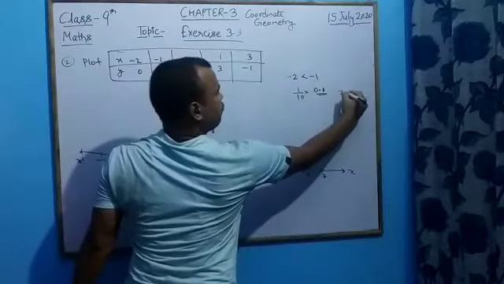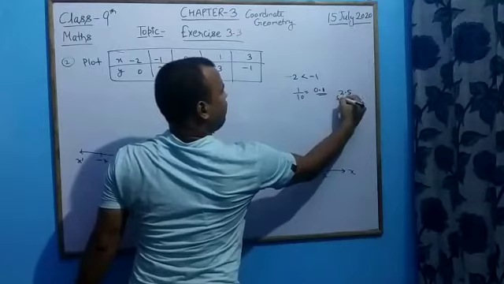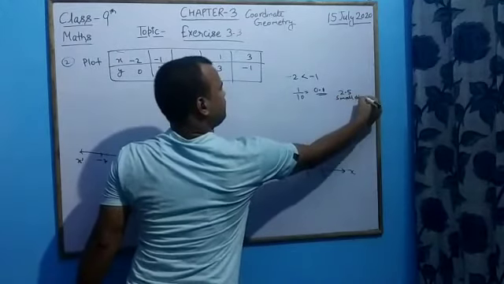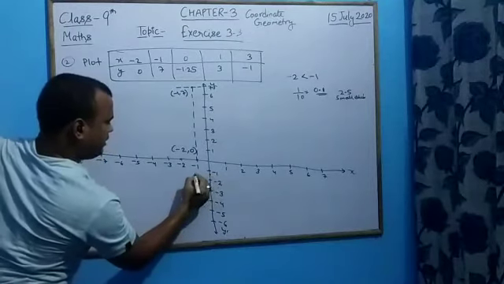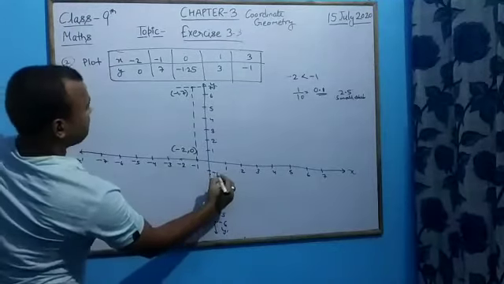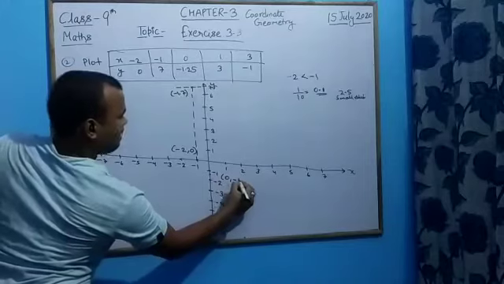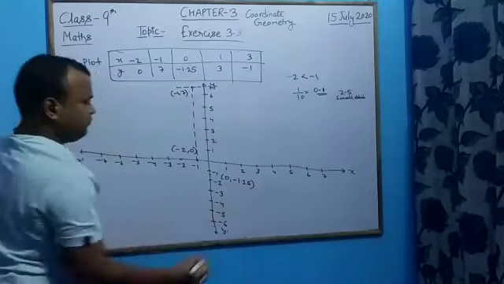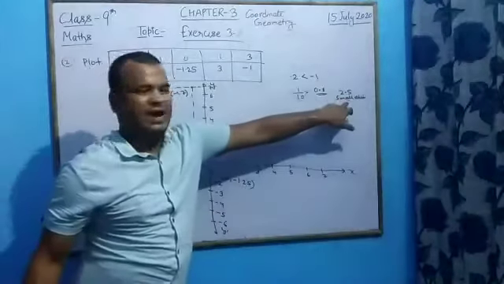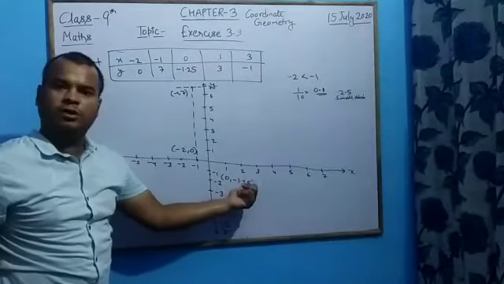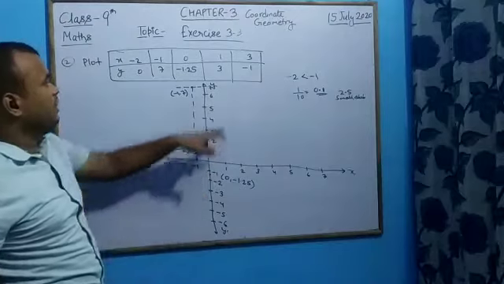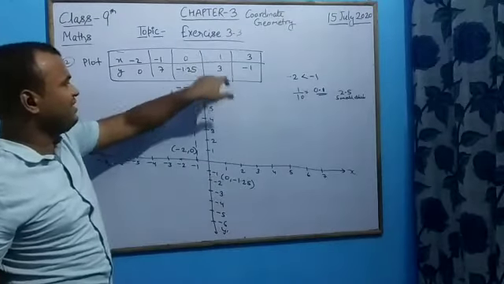We will need 2.5 small divisions. So it will lie over here, that is 0, -1.25. We will need 2.5 small divisions to get 0, -1.25.